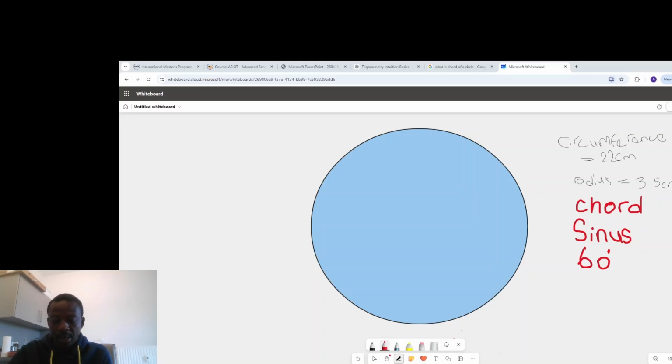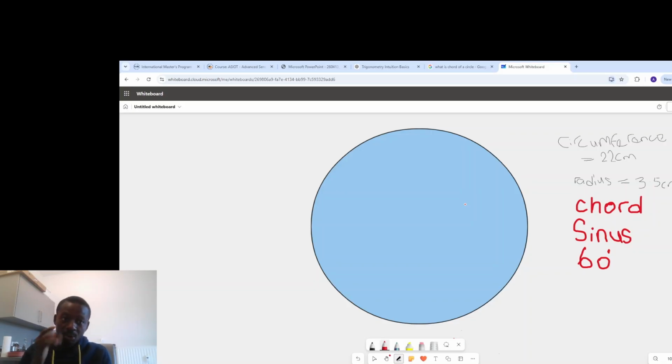So let's start with the term chord. Basically, a chord is a straight line that connects 2 points on a circle. So in the ancient time, mathematicians were learning the positions of the galaxies, stars, and the rest.